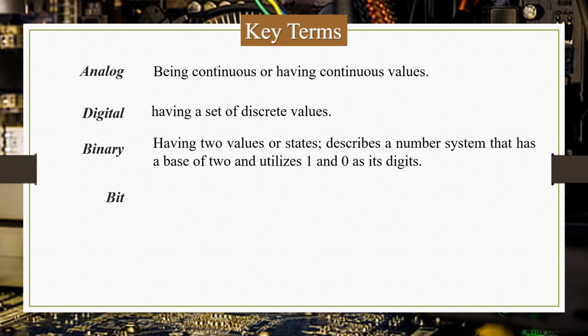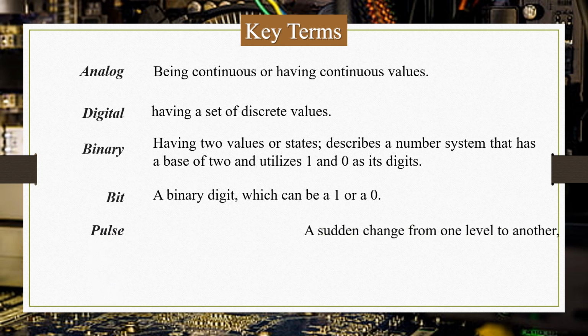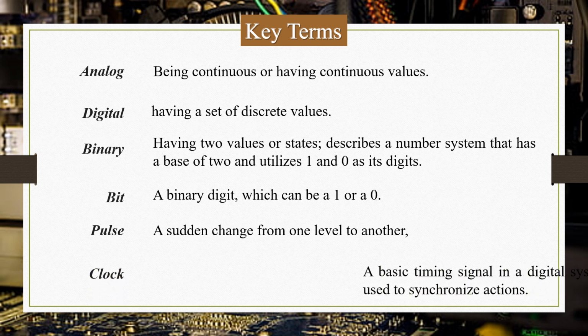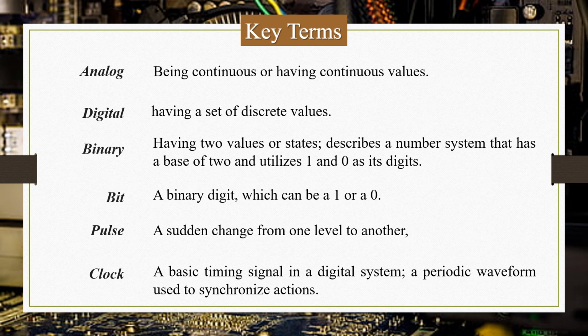Bit means a binary digit which can be either 0 or 1. Pulse means a sudden change from one logic level to another. And clock is the basic timing signal used in digital systems, a periodic waveform used to synchronize the actions.